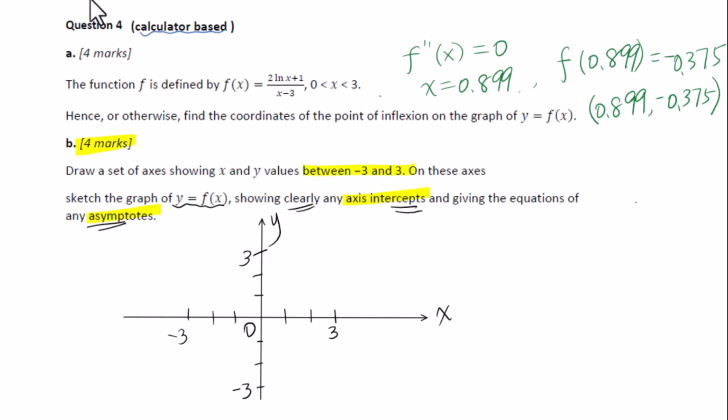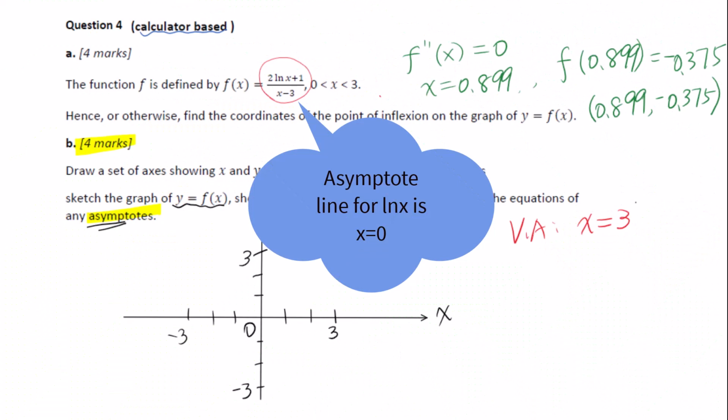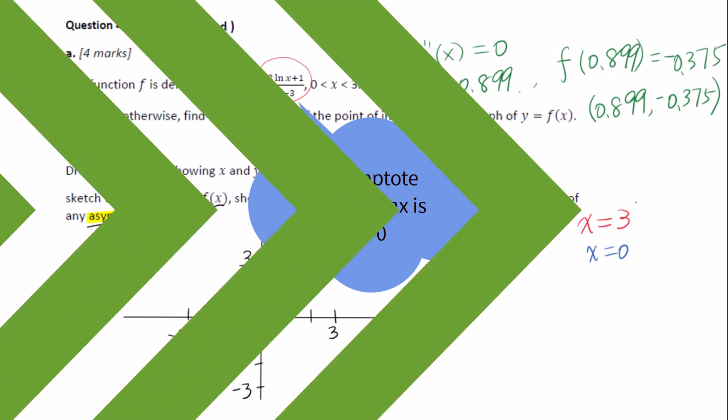Intercepts we can get from a graphing calculator. Since this is a rational function, the vertical asymptote line will be x equals 3. Do not forget there is an asymptote line for the logarithm function, x equals 0.